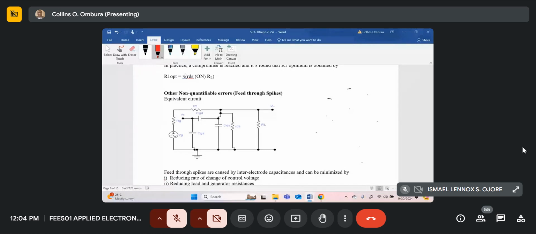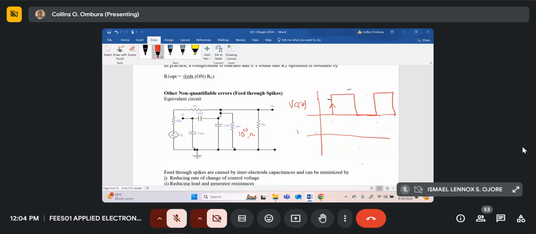So this was 10 to the power 10 ohms. And then we put a pulse. We use a positive pulse. Let me draw a diagram here. So this is the control voltage. So I'm talking about this interval over here.